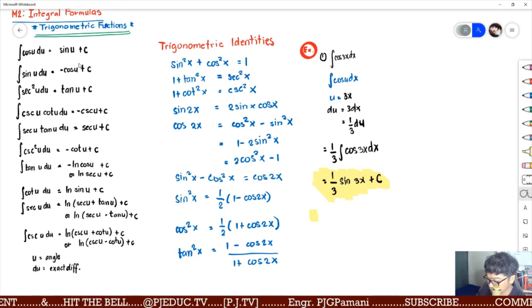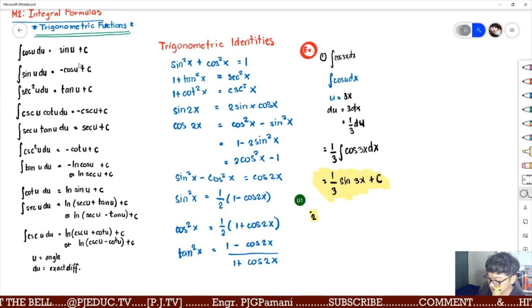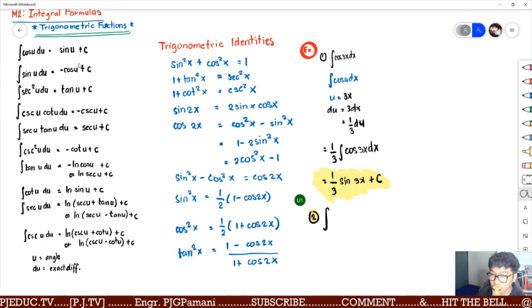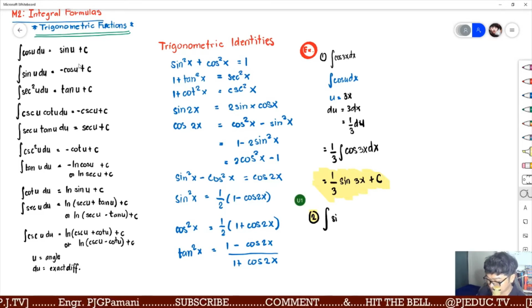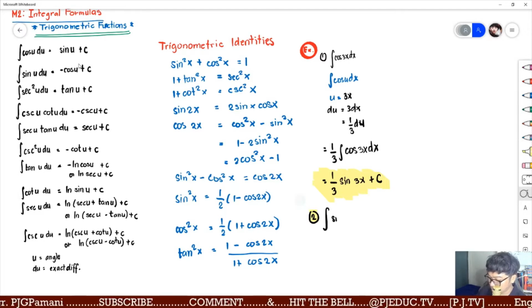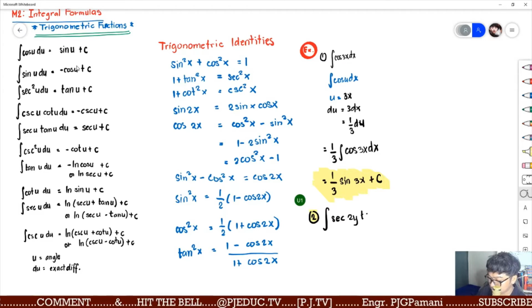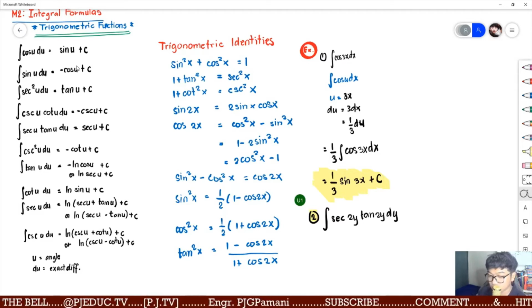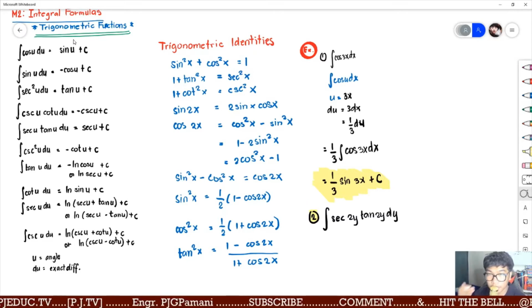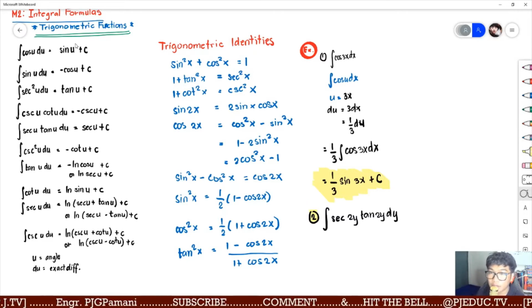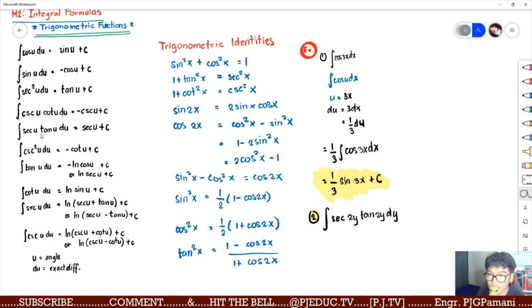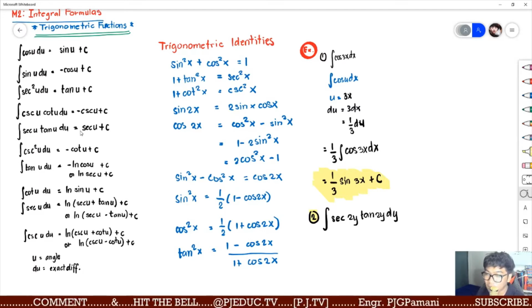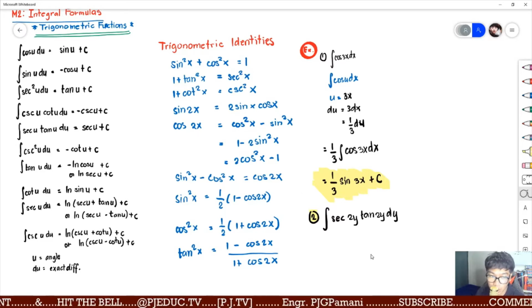So for your next example, number 2, you're now asked to evaluate the indefinite integral of secant 2y times tangent 2y dy. Remember that based from our trigonometric functions, we also have the function of integrating secant u tangent u du is equal to secant u plus c.